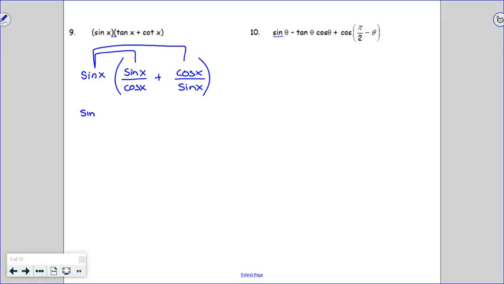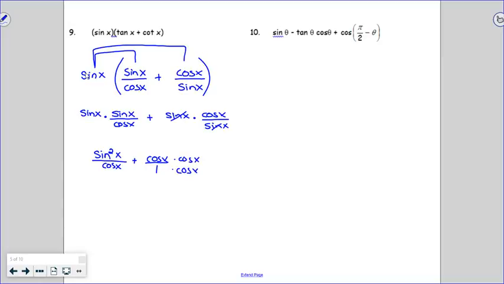So the long route here would look like sine of x times the first fraction plus the sine of x times the second fraction, distributing, which would give us a sine squared x over cosine x plus cosine x. And if I wanted to get a common denominator, I would multiply that by cosine x, top and bottom.